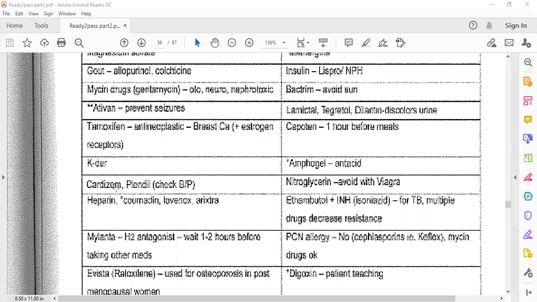So what next? Next here is heparin, right? Everybody knows that heparin is a blood thinner, right?